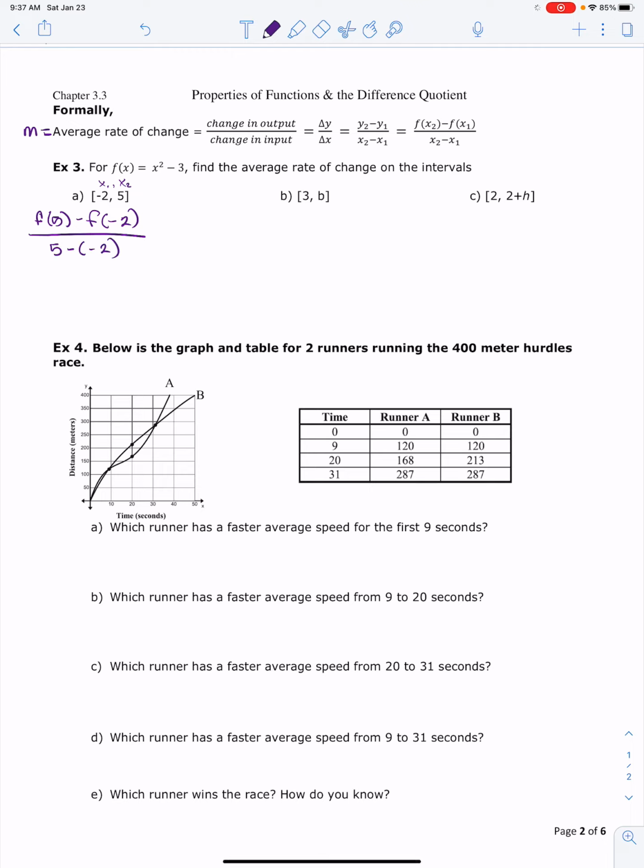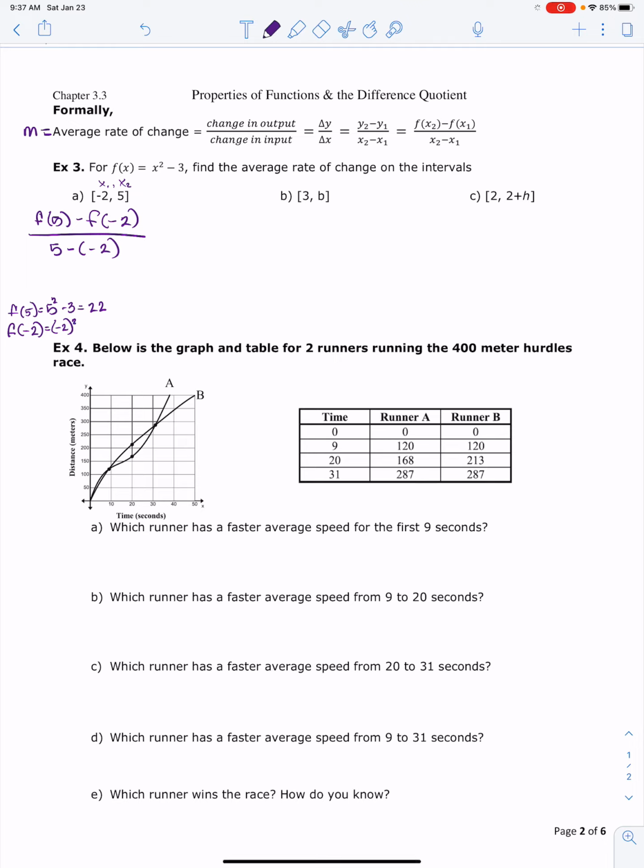And just so I don't mess anything up, I'm going to go ahead and put these in down here. 5 squared minus 3. 25 minus 3 is 22. F of negative 2. These parentheses here are important.